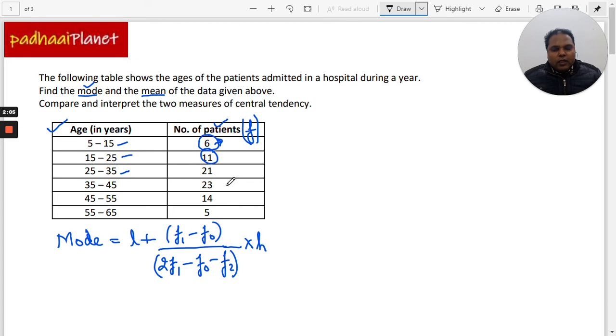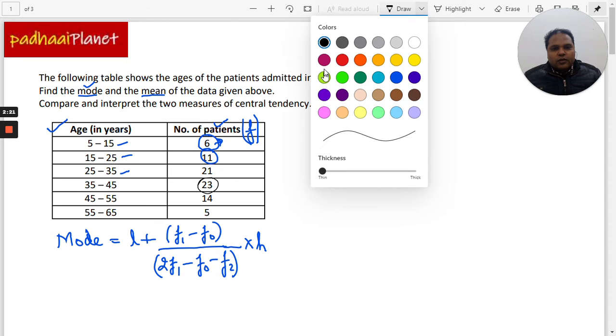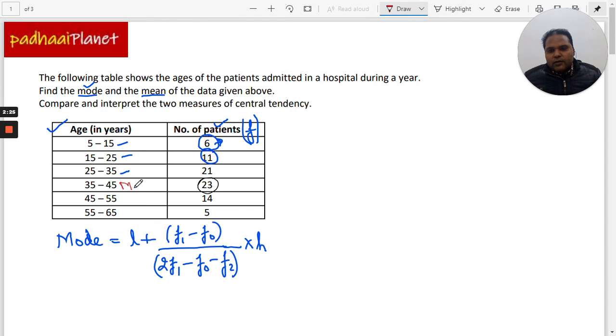The modal class is the class which has the highest frequency in this entire data. If we look at this, the highest frequency is this, so this is going to be the modal class.